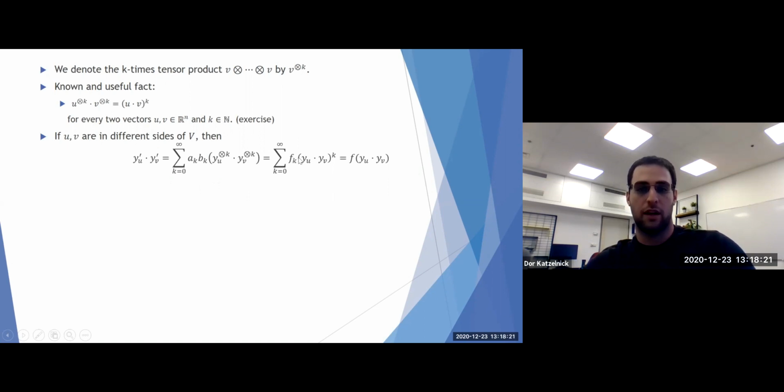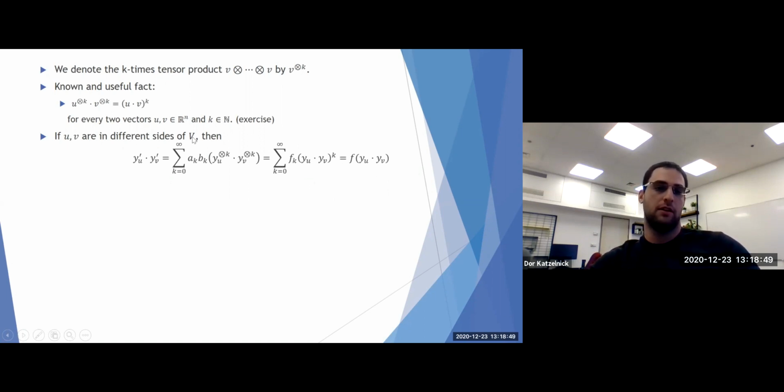So what you get is exactly f_k. And here, you can just use this fact, and you can say that this product is exactly the inner product between y_u and y_v to the power of k. Now, if you look at this sum, this is exactly the function f evaluated at the inner product of y_u and y_v, because f_k are the coefficients of the Taylor expansion of f. So this is exactly f of that inner product.